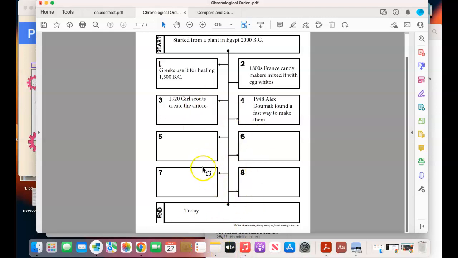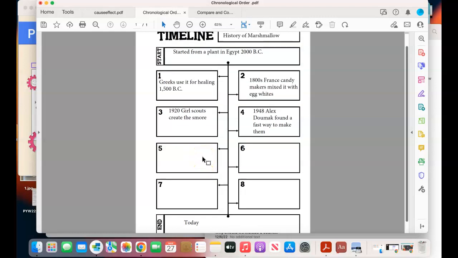If I had one about how the marshmallow was the official treat of the NBA as one of my events, that might not be super important because that's not something really associated with marshmallows today.